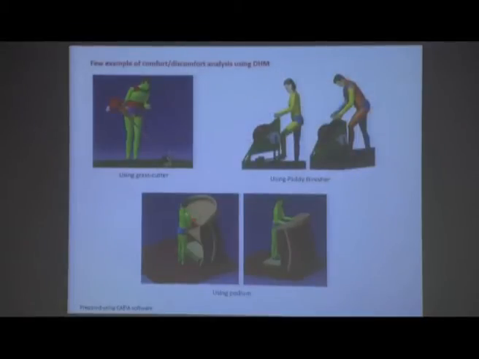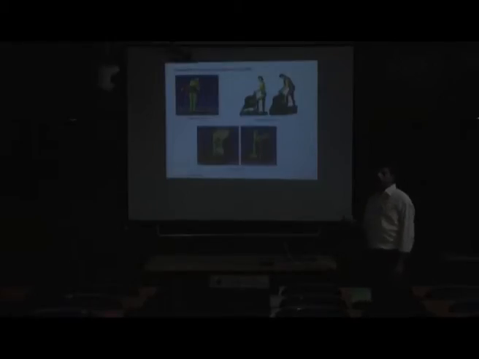Next, a few other examples. In these examples, the comfort range of motion for different body joints has already been defined. After defining the comfort range of motion for different body joints, we go on to evaluate various types of products and workstations.